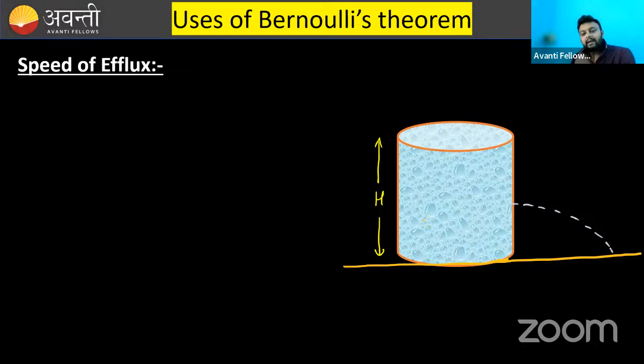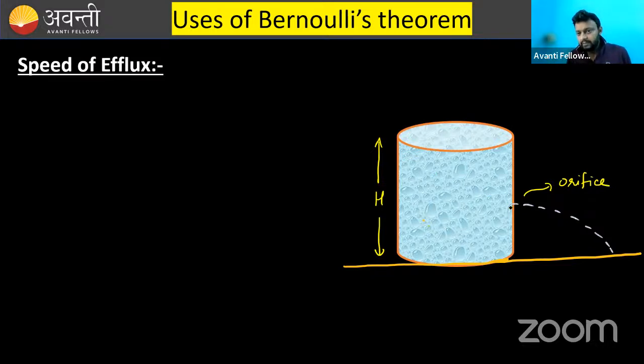Clear? And a small hole is made on the side wall of the container. This small hole is sometimes known as an orifice. Sometimes you can call it a hole, whatever it is, but when the hole is very small, it's called an orifice.